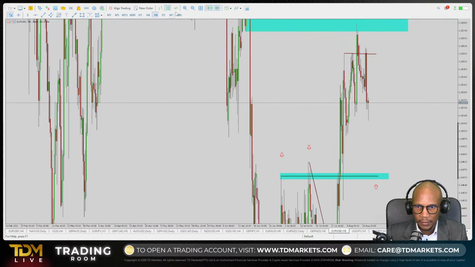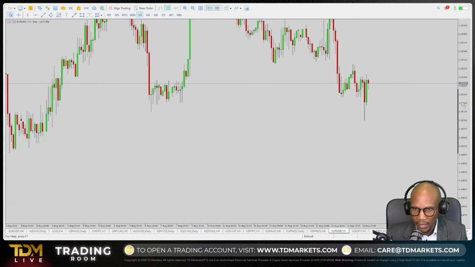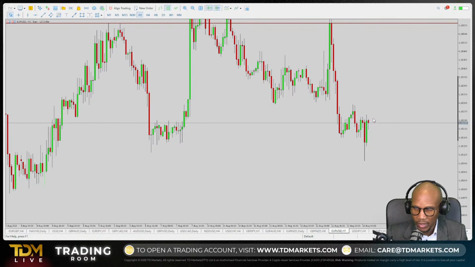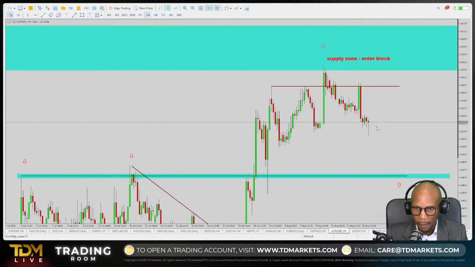Yeah, so it seems like Euro USD is looking for some shorts. So we'll see if I'll get a setup here, but yeah, looking nicely for some shorts, all right. One more push down.